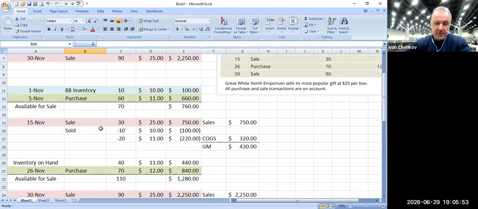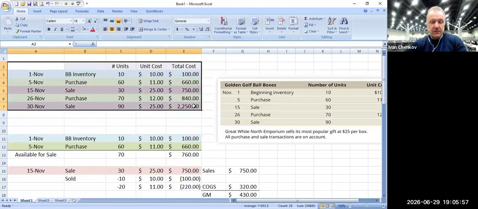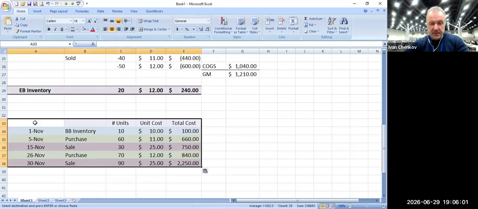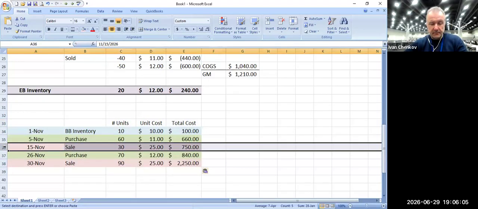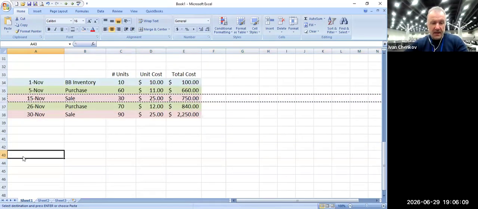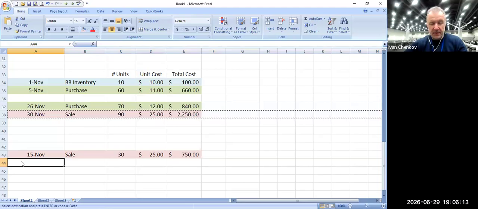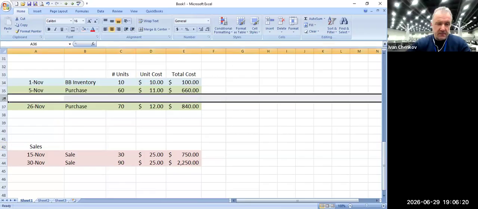So that's a long version of the whole information. In reality, what's happened in this company? On the short version, what we can do is grab this information, flip it here, and we can see, okay, I have my first sales, I have my second sales. I'm going to eliminate the sales because those are only sales. Now I have the beginning balance.